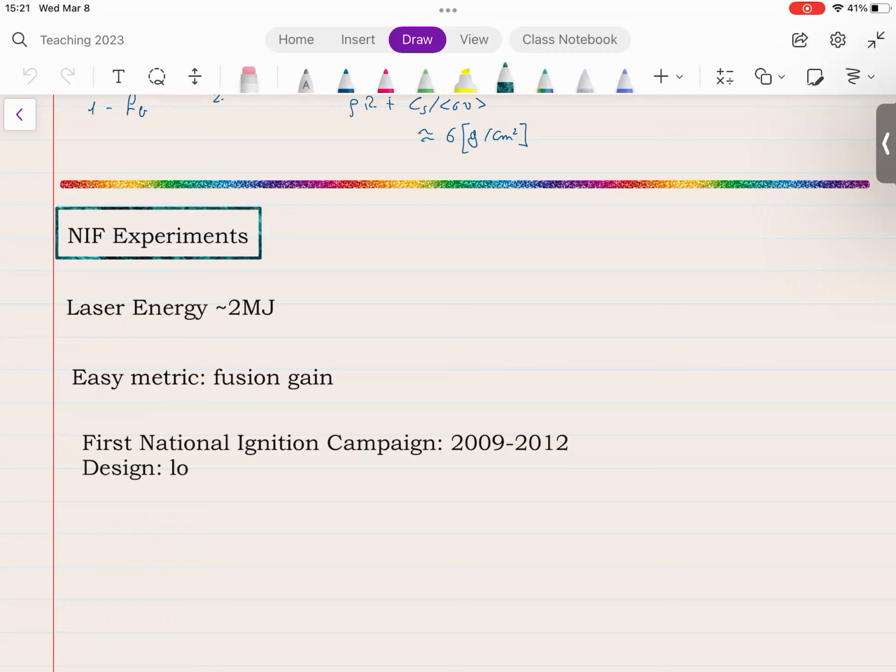Here we had a very cold target, and we call this close to Fermi degeneracy.